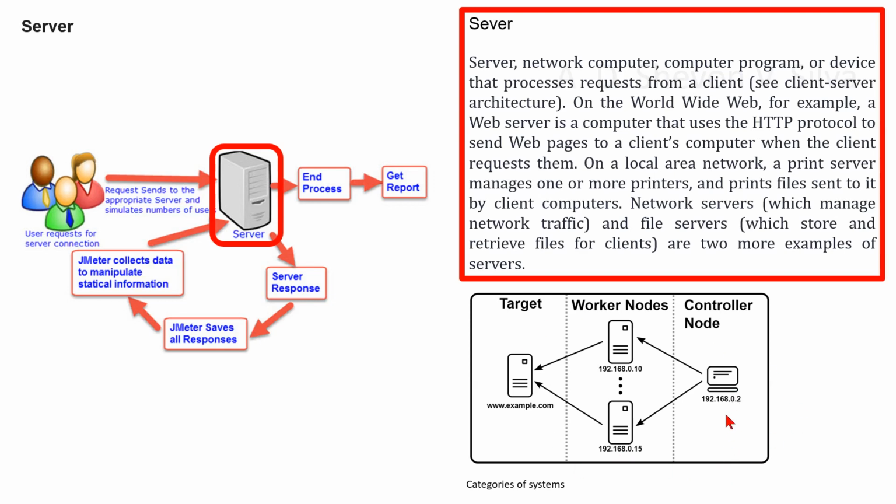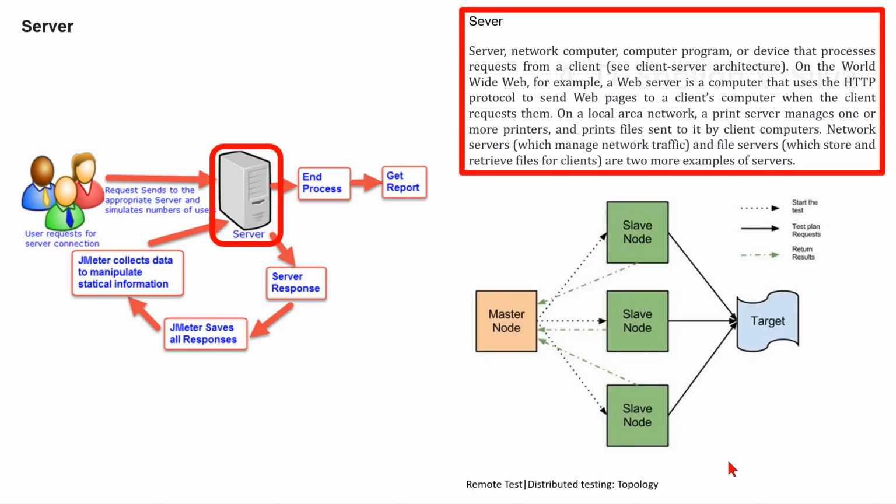Here you can see the controller node. Controller node is connected to worker nodes, and worker nodes are connected to target. Here you can see a topology in remote test or distributed test. Client or master: the system running JMeter, which controls the slave remote and doesn't send any request.